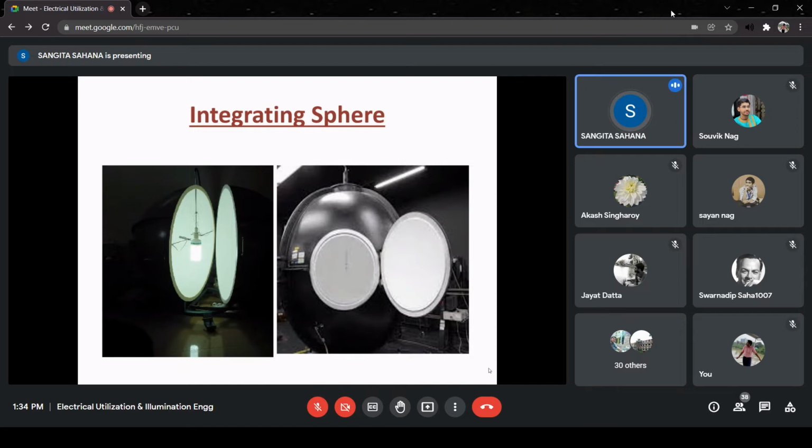Luminous flux or lumen. The instrument which is used to measure the total amount of light output from any source is called an integrating sphere. So this is a large integrating sphere. If you have seen this instrument in our lab, the lamp is placed at the center of the sphere, then it is closed, then we can measure the total light inside the sphere.